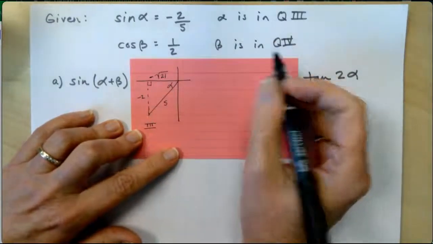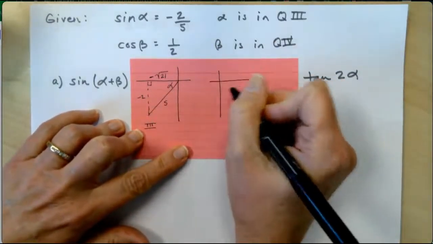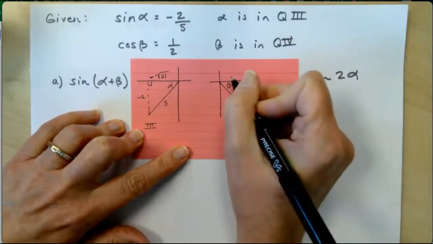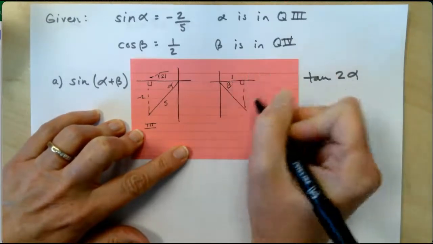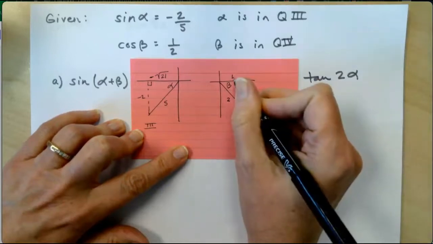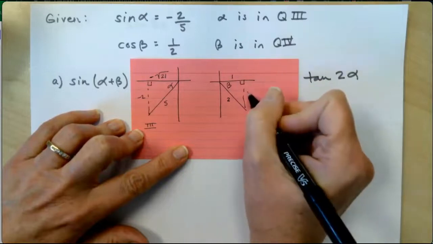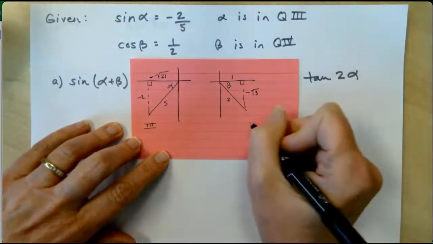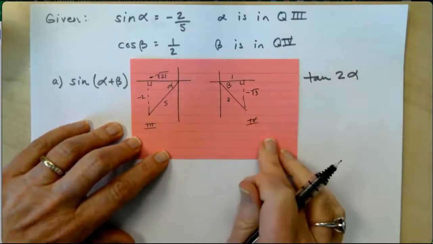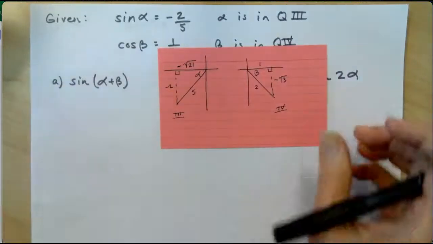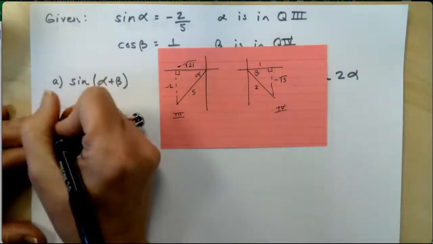Beta is in quadrant 4. Beta is cosine adjacent over hypotenuse. 2 squared is 4, 1 squared is 1, 4 minus 1 leaves 3, negative root 3 is my missing side. So quadrant 4. Now keep these diagrams handy because we're going to use them as we expand these particular formulas.